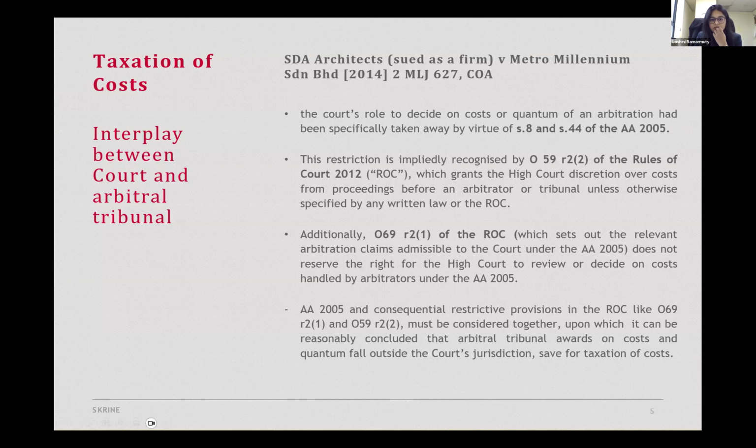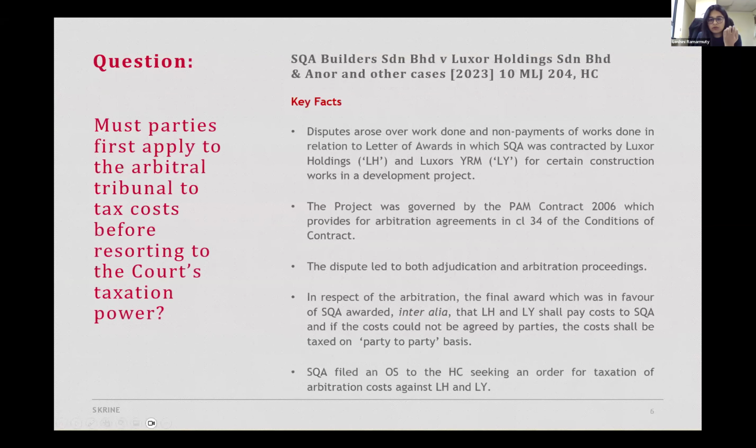So now, what then must a party do? Must a party first apply to the arbitral tribunal to tax costs before resorting to the court's taxation power? Let's assume the example I gave earlier, where the tribunal says party A pays party B costs and there's no amount stated.